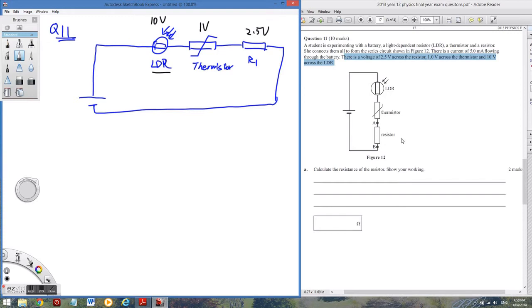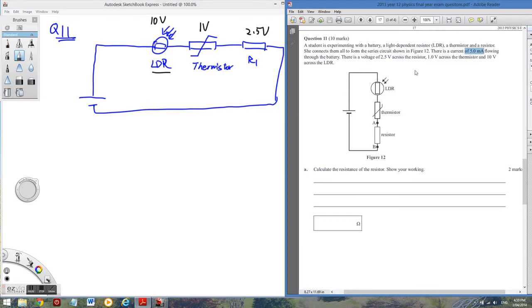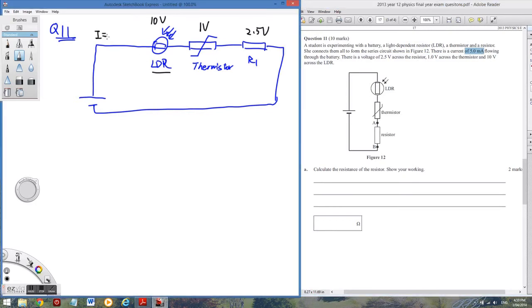Now I need to find the resistance of the resistor. Just one more piece of information: the current is 0.005 amps.